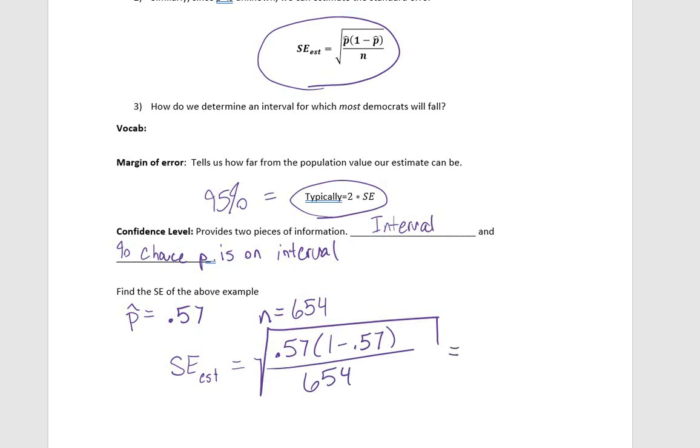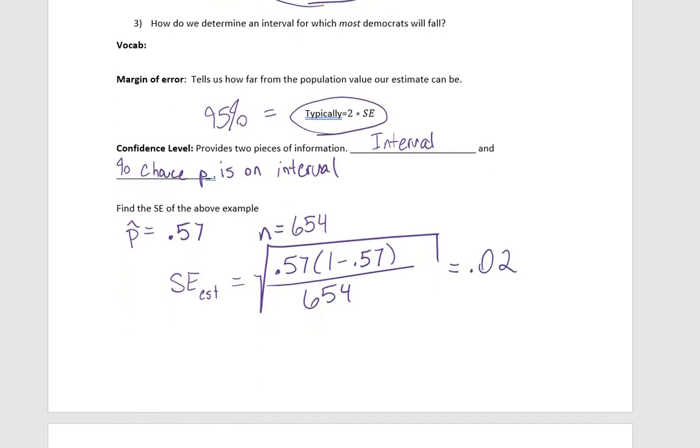Let's round that to 2 decimal places to make our lives a little bit easier. That's going to give us 0.02.